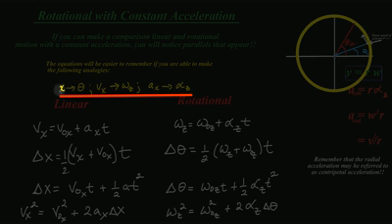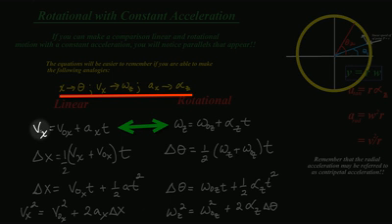So x is analogous to theta. The linear velocity is analogous to our angular velocity, and the linear acceleration is analogous to the rotational acceleration. Once those analogies are made, you can come up with these equations pretty quickly.